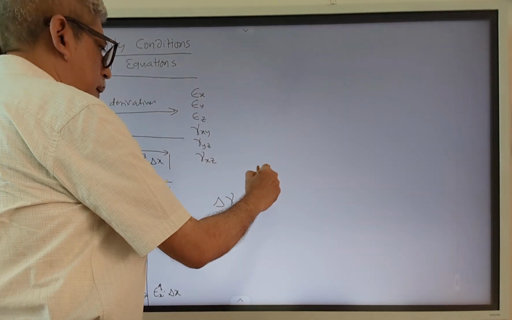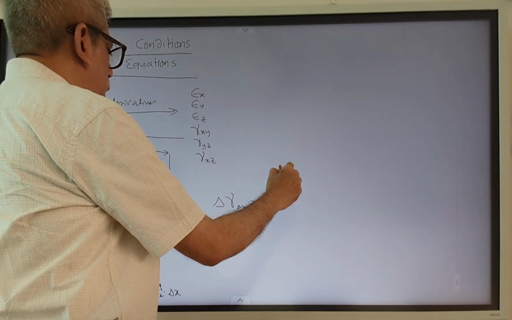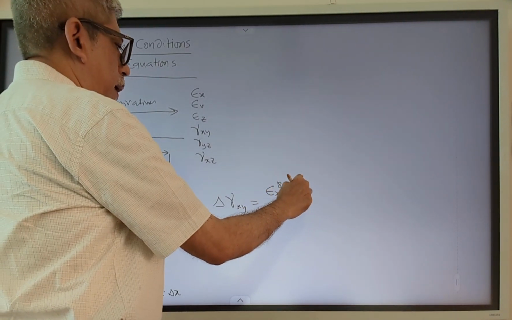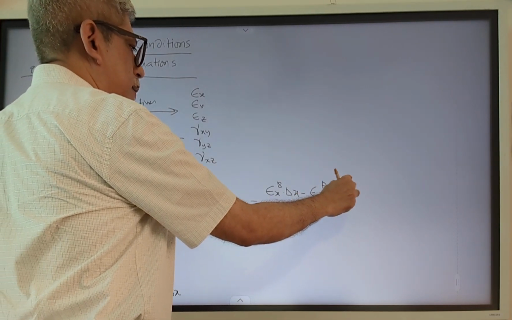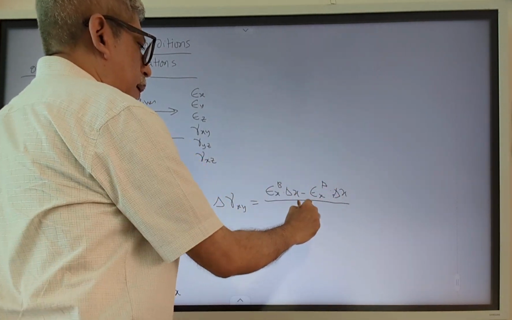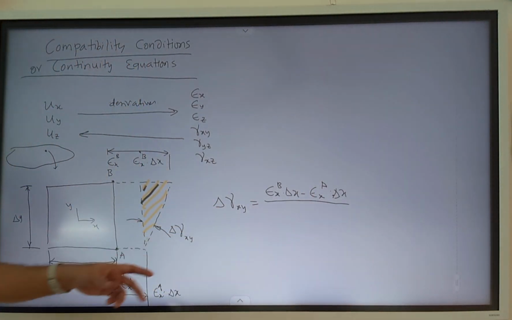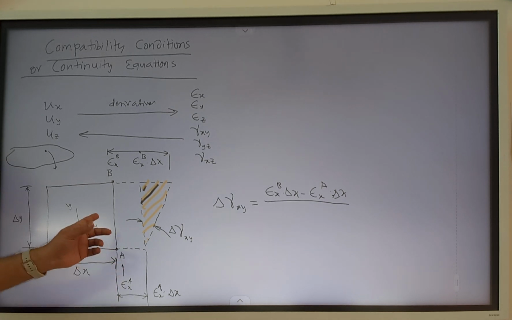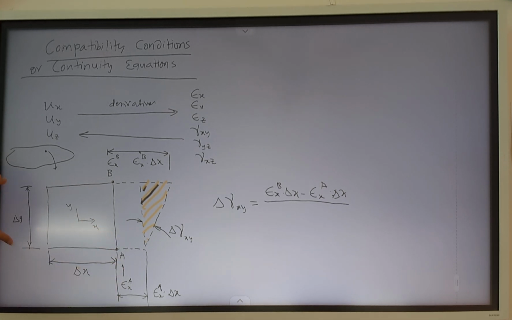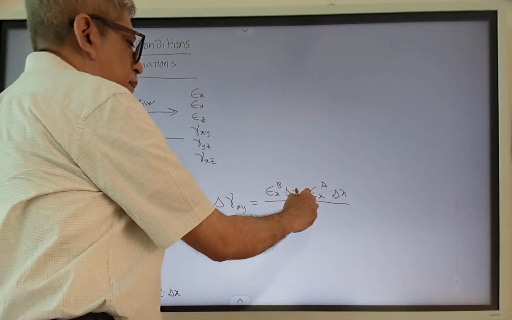So that would be epsilon x b into delta x minus epsilon x a into delta x, divided by the height of this triangle, which is delta y.